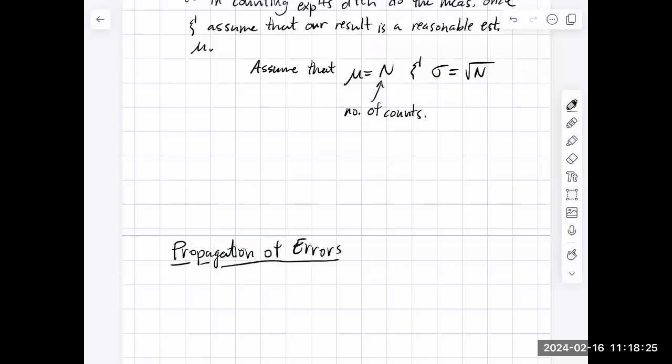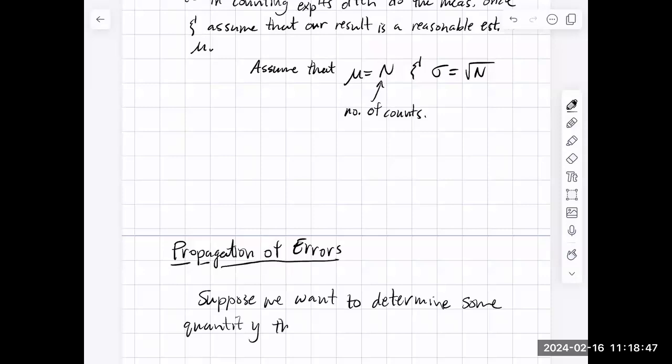So I want to just motivate this by giving you a bit of an example. So let's suppose we want to determine some quantity y that depends on measured values or measured parameters.